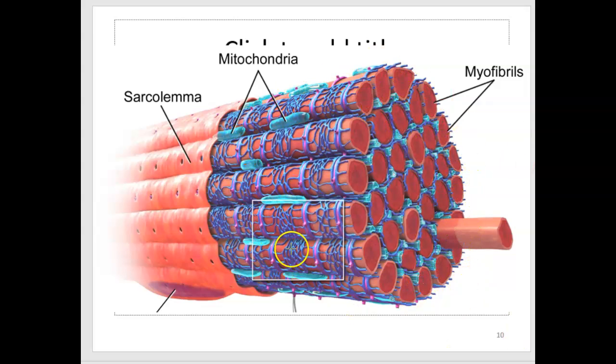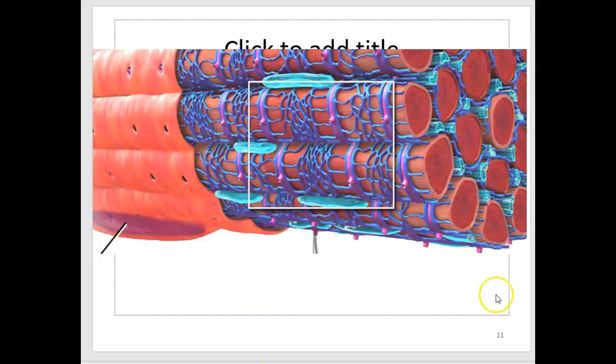So this shows one cell, a myocyte, with individual myofibrils, and then if you enlarge it, this is what I think is so cool about this picture. If you enlarge it, you see that there are mitochondria located in between all the myofibrils.